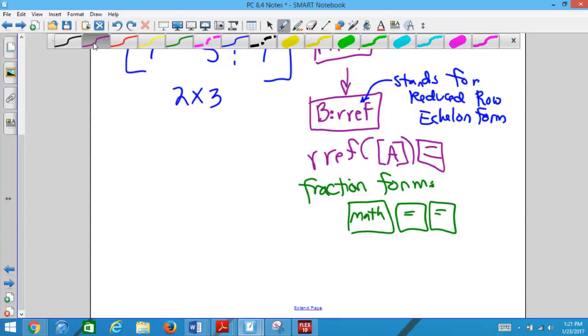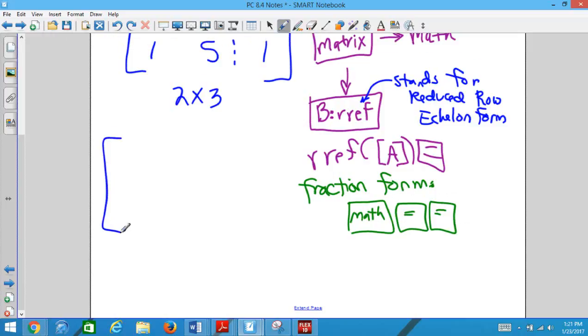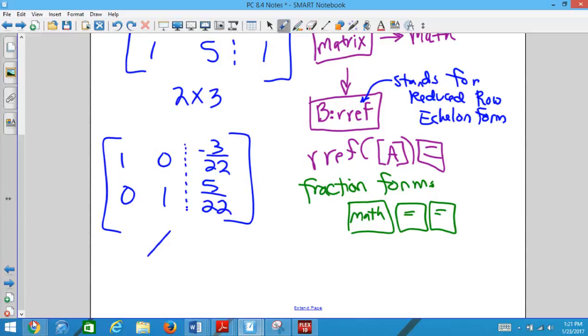So reduced row echelon form for this is 1, 0, negative 3 over 22, 0, 1, 5 over 22. That's the reduced row echelon form. And then it doesn't show you, but these are still in that same spot.